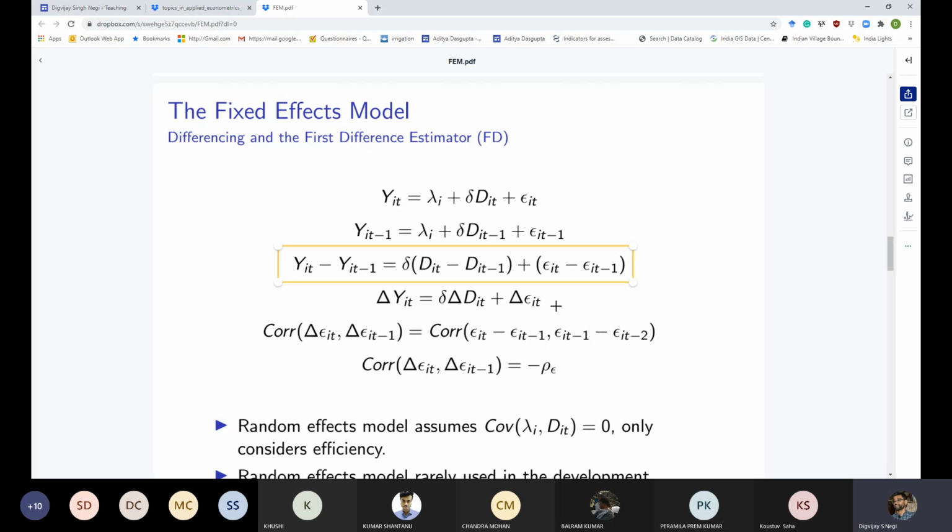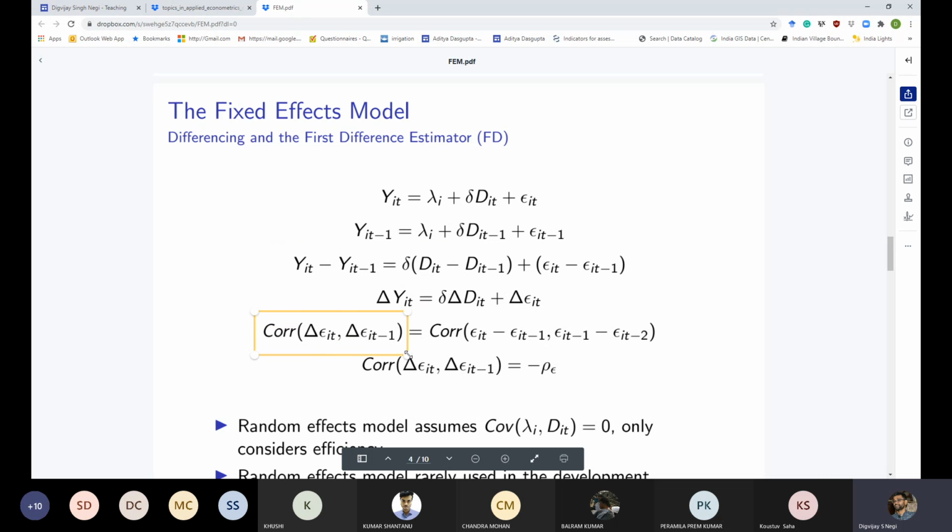Remember, we can have serial correlation here only because we have panel data, so each individual is followed over time. Even if these epsilon it were uncorrelated to begin with over time, just transforming this way introduces serial correlation, and it's easy to see.